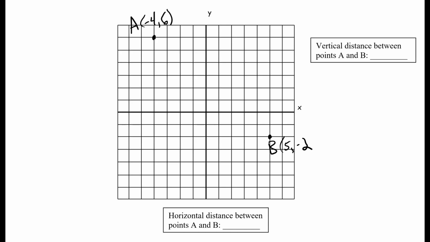Since I'm interested in finding a horizontal distance first, how about if I just start at one of my points, let's say point A, and I start moving closer to point B in the up or down direction until I'm directly across from point B. So moving down from point A, eventually I get to this point here, which is the point -4, -2, which is directly across from point B, which is at 5, -2.